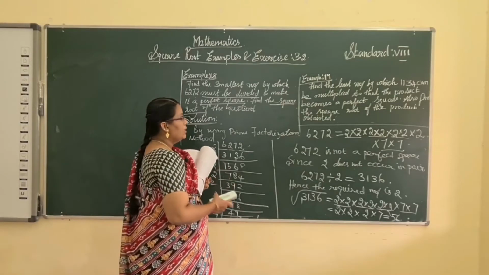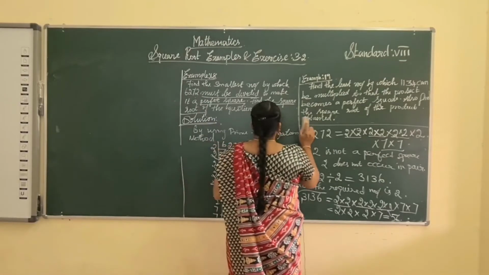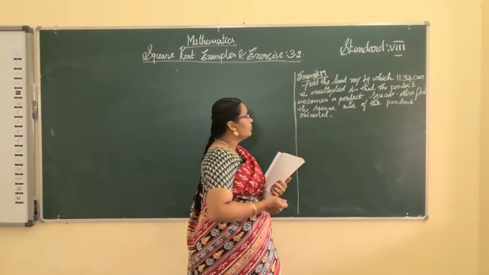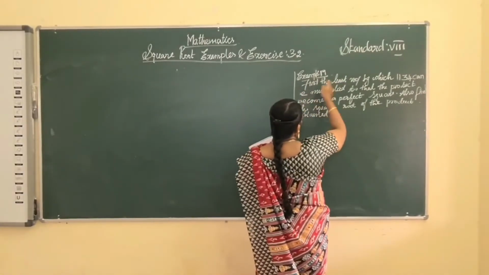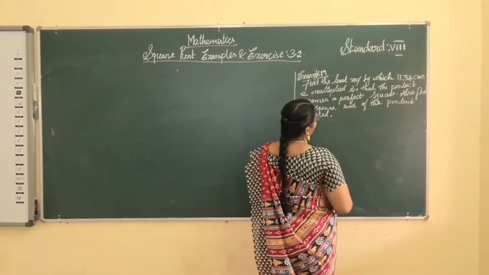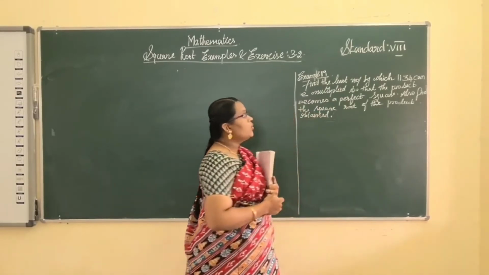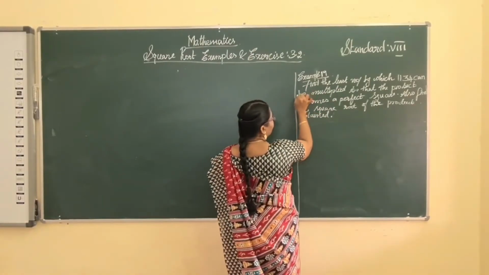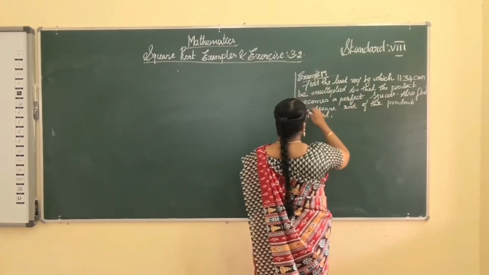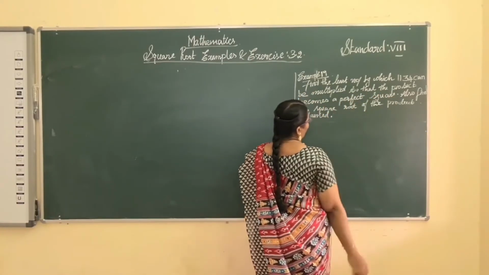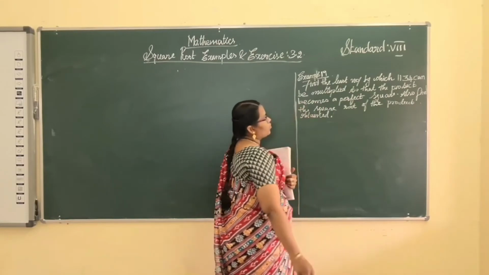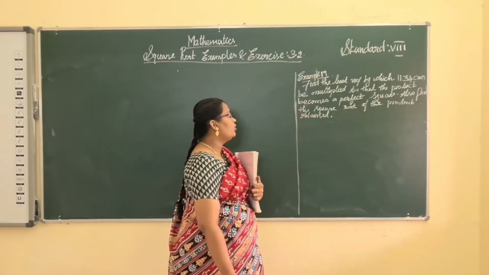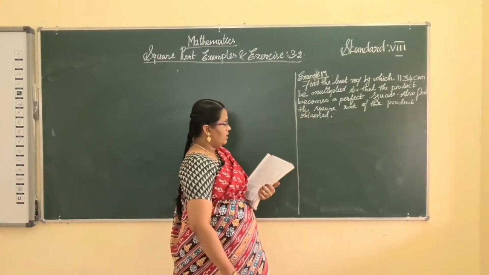Now see example 19. Find the least number by which 1134 can be multiplied so that the product becomes a perfect square. Also find the square root of the product obtained. It is the same method.